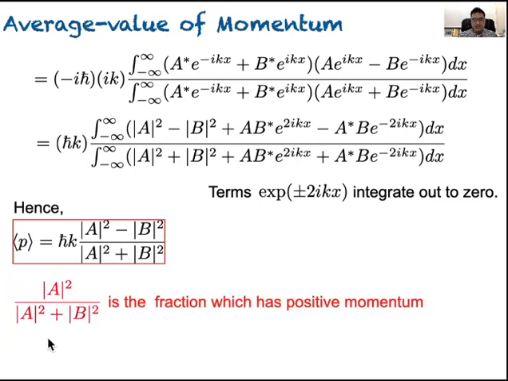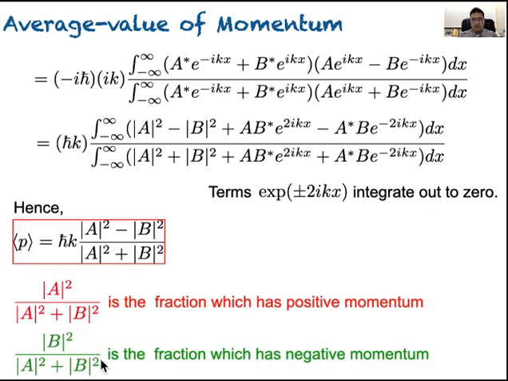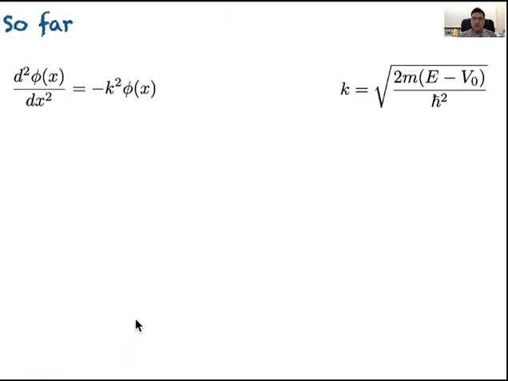So this is the fraction: mod of a squared divided by mod of a squared plus mod of b squared is the fraction which has a positive momentum, and mod of b squared divided by this sum is the fraction which has a negative momentum. So the total momentum consists of two fractions, one with positive and one with negative momentum. Okay, so what have we learned so far?